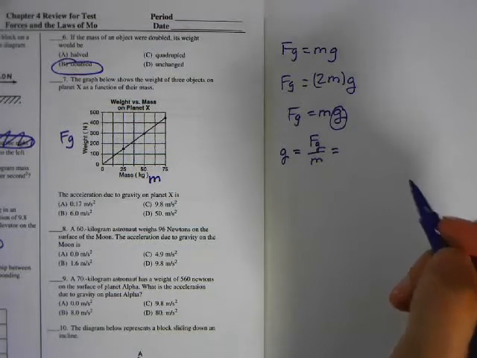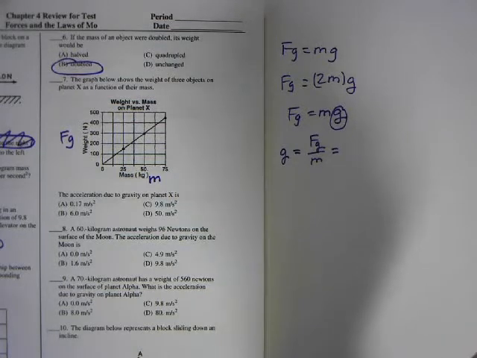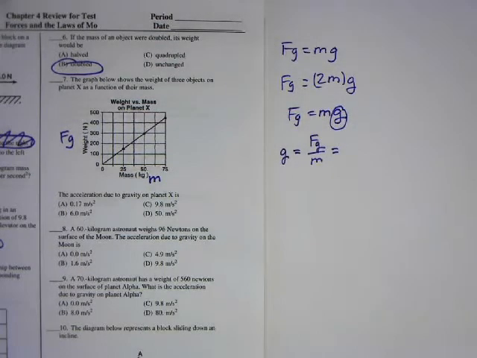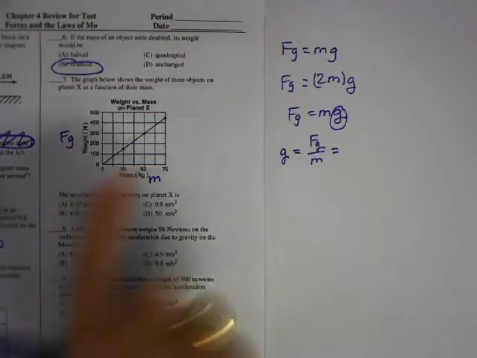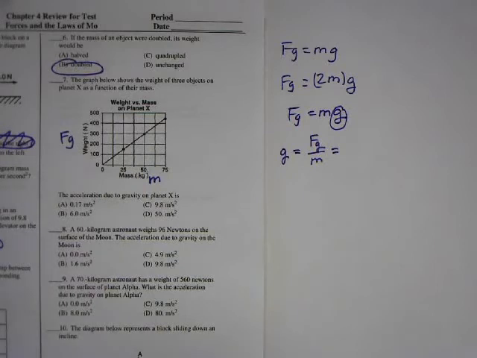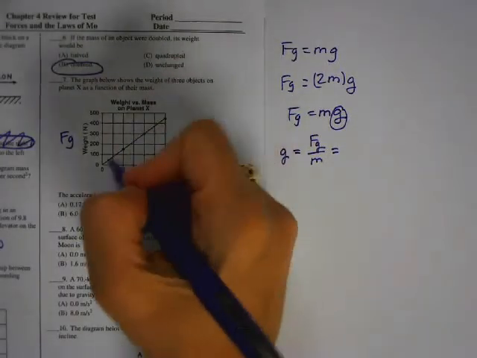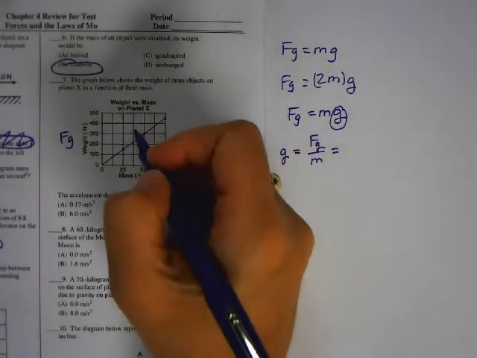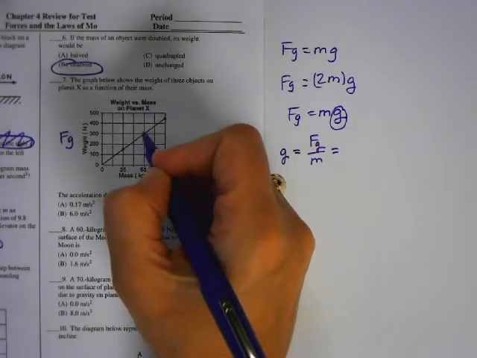So now I'm going to look at my graph again, and I'm going to pick some points and do the slope. If I look at the graph, this is a straight line that goes through the origin. So I'm going to pick a point that's easy to read.